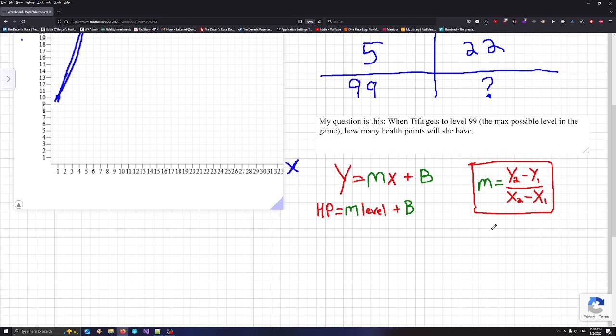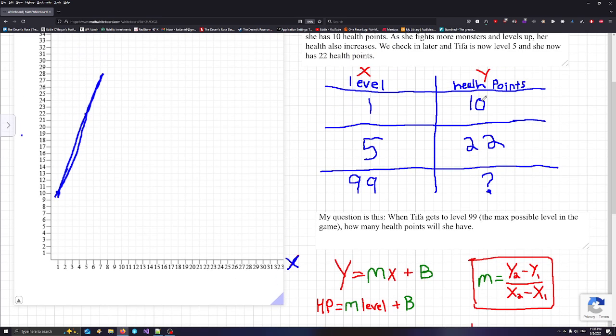Let's calculate what that would be, plugging in some numbers from our table. This is row 1, 2, and 3, just so we number our rows too.